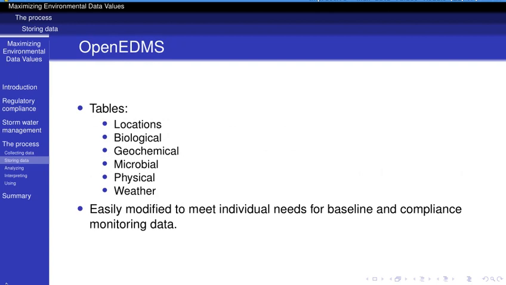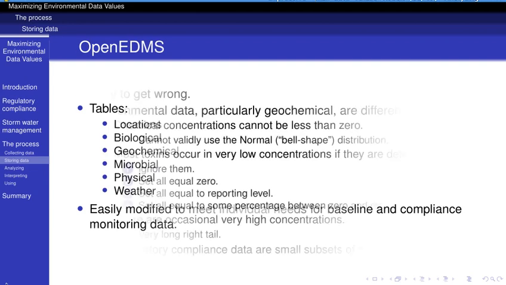Existing tables store information on data collection, locations, biota, geochemistry, microbes, physical characteristics of the water body, and weather. Use whatever's appropriate for your needs and add to it to cover more data categories.